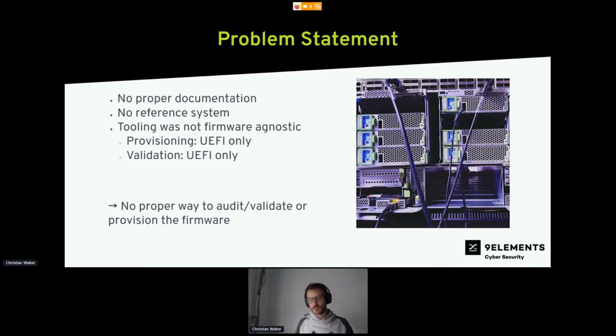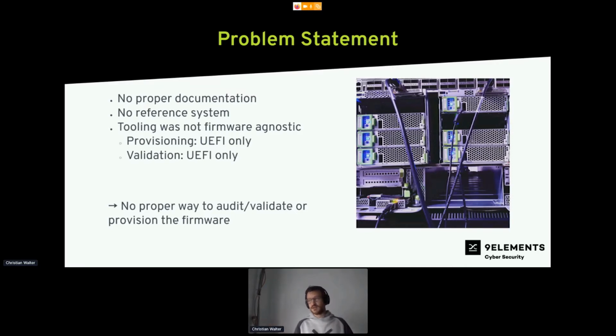As already said, we're working most of the time with open source firmware, meaning there is no UEFI, and we actually don't want UEFI for various other reasons. However, that is not a case for us. So for provisioning, there is no tooling available; everything is Windows-based, everything is UEFI-based, it can only parse UEFI images, a big problem for us. Also validation, everything is UEFI-based, right?